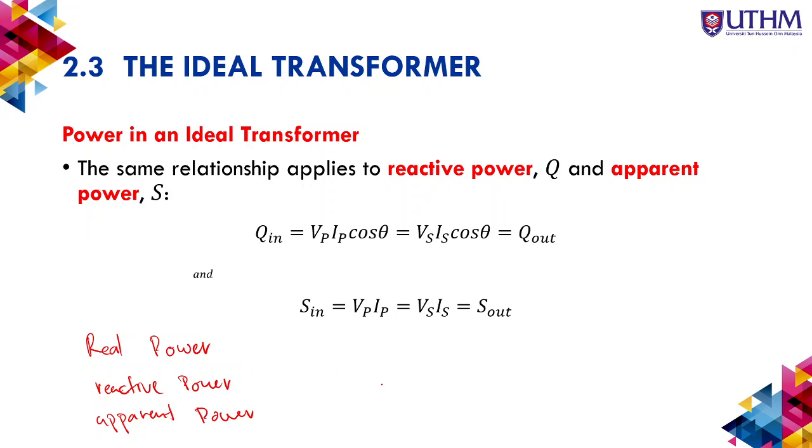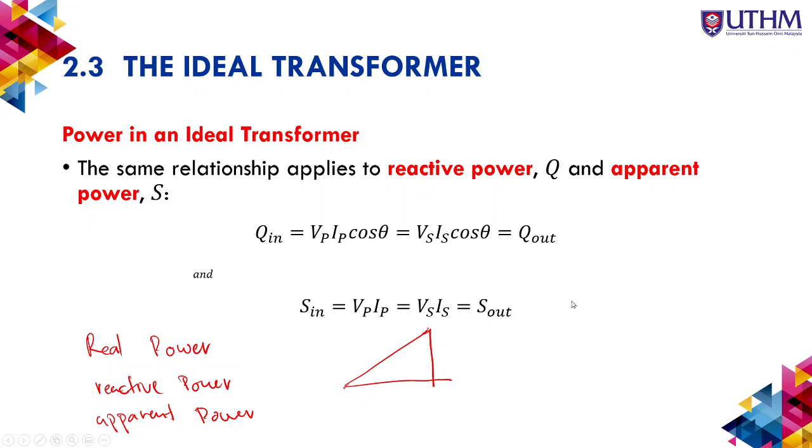There are 3 types of power. There is a triangle, so you explain which one is P, which one is S, which one is Q. Try to find it.